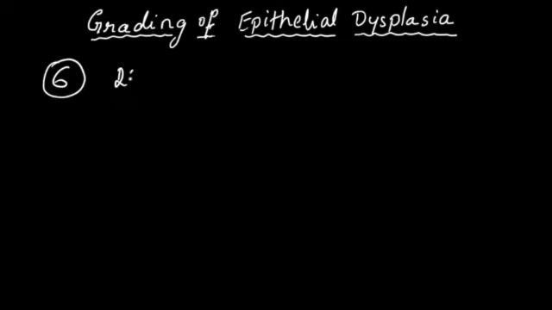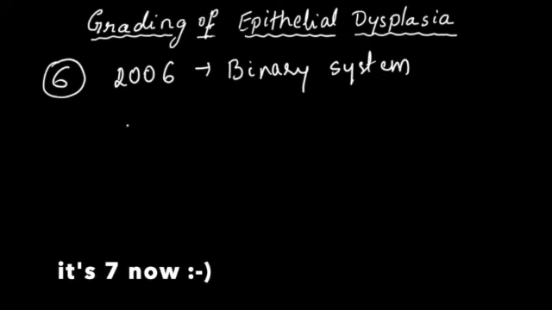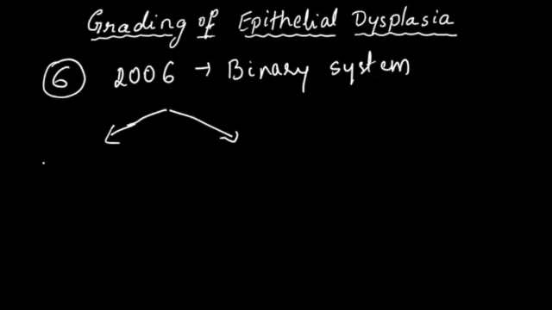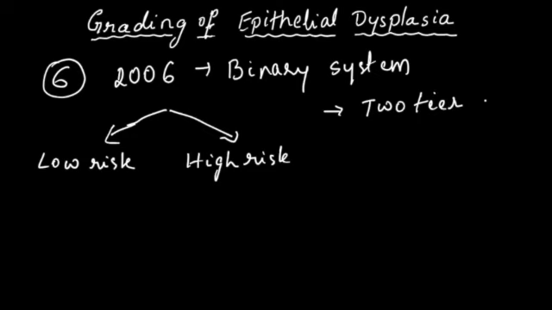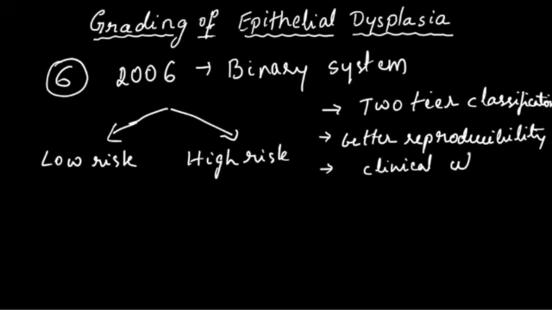Now this binary system, which considered dysplasia as low risk and high risk for malignant transformation, was also called the two-tier system, and this was developed for better reproducibility and better clinical utility.